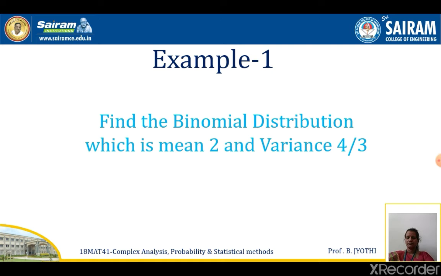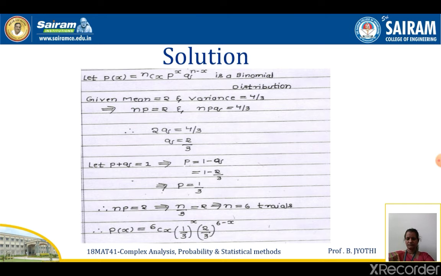Example: find the binomial distribution whose mean is 2 and variance is 4/3. Solution: let P(x) = nCx p^x q^(n-x) be the binomial distribution. The given data says the mean is 2 and the variance is 4/3.